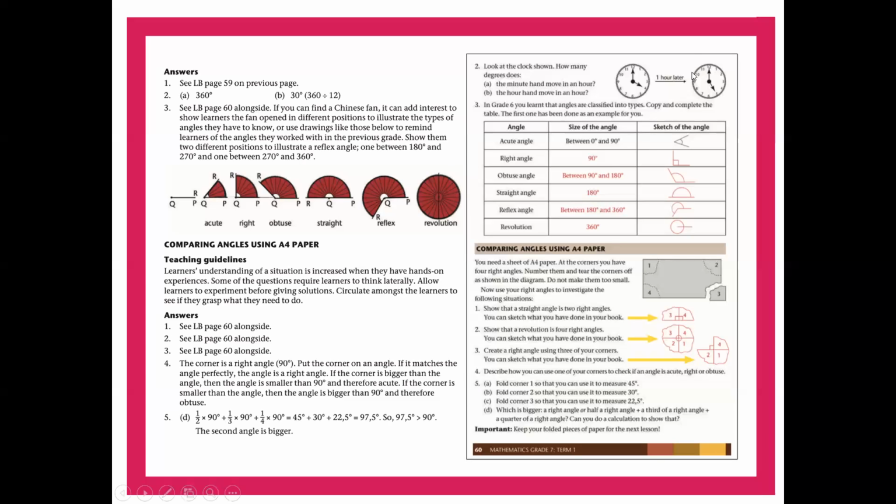Show that the straight angle is 2 right angles. So you'll take maybe 1 and 4 and you'll put this 4 on that edge over there to show that it is. So with this activity, you can do it on your own. It's an investigation just to visually see what we are busy showing.